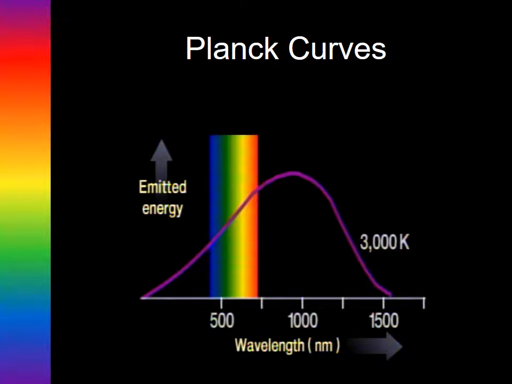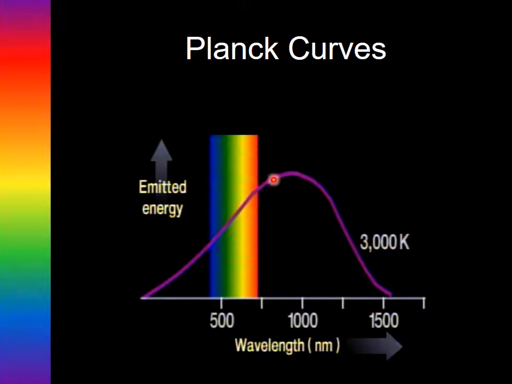When you have something that is relatively cool, at least for a star, something like 3000 Kelvin, what you find is it gives off relatively low amounts of light down here at the radio wavelengths, more and more up through the microwave, and a great deal around the infrared.